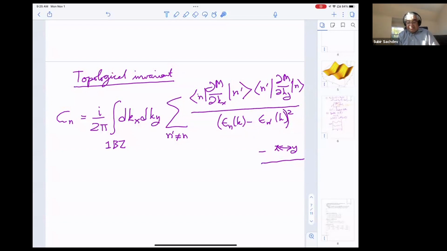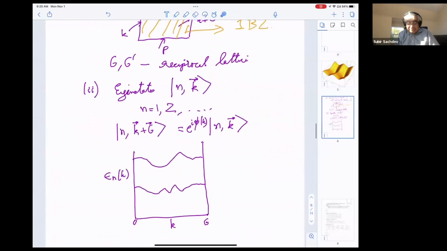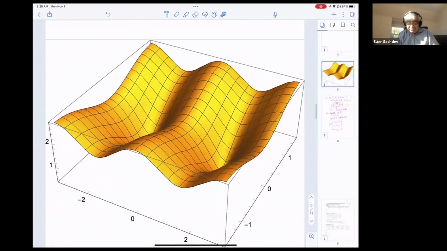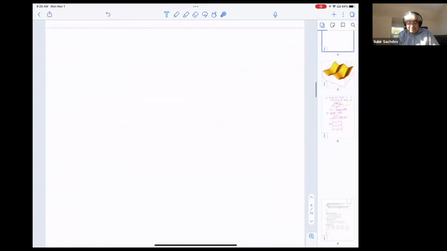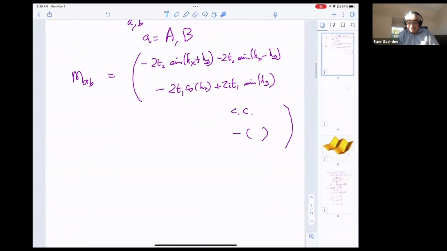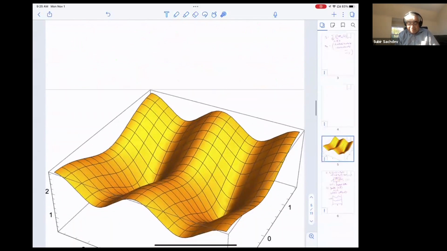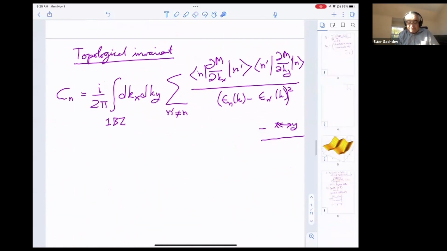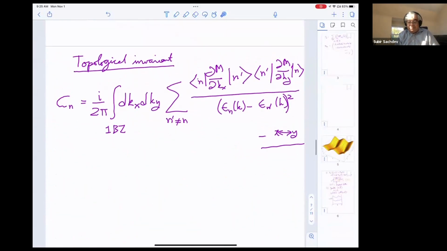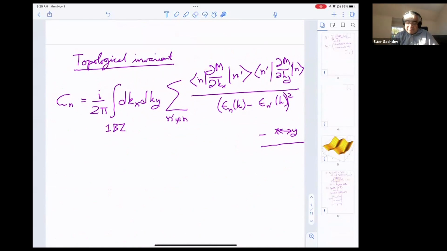It's a fun exercise for the students to actually write a little program, and usually I give this as a homework problem. Just write a program to write down M_AB, which is in the notes, evaluate this integral, and you'll find it's an integer. Another important property of this expression: it's also gauge invariant.